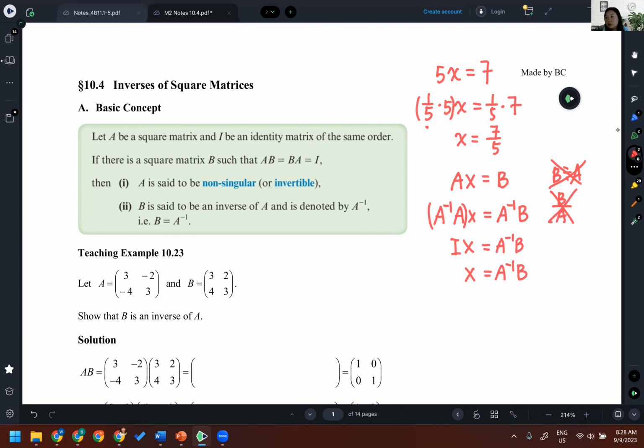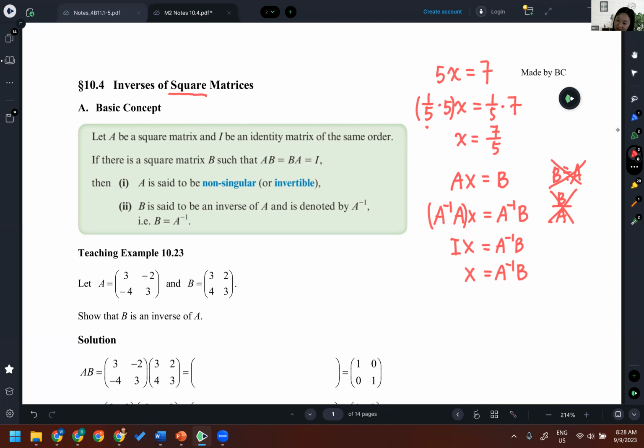So I want to make sure that in this case, we're not discussing every matrix. It's just square matrices. For these rectangular matrices, we don't have a very good method yet. But for square matrices, I think we were capable and very ready to find the inverse. So look at the definition now.